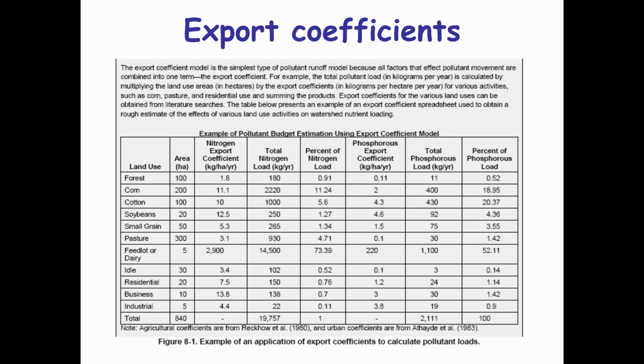For phosphorus, export coefficient is 0.11 for the forested area and 2 for corn. So if one knows what a particular land use area is made up of in terms of the land use types, one could estimate how much total load is coming from the watershed or from that area.